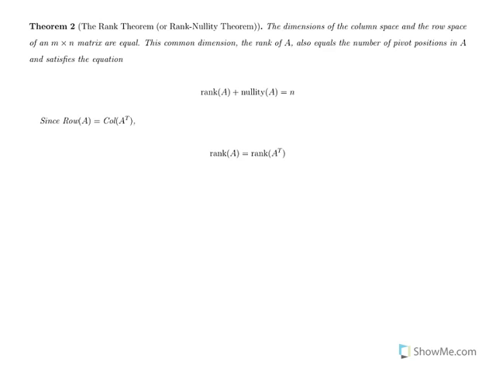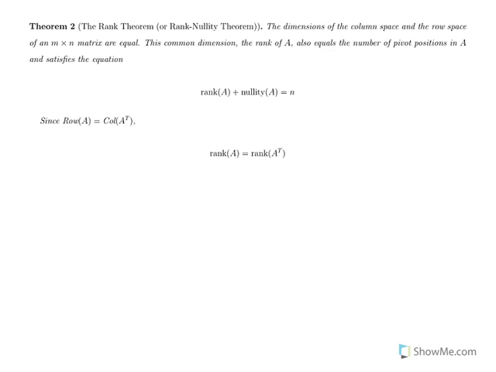And then furthermore, since the row space of A is equal to the column space of A transpose, which we talked about on the first page, that if we just transform all the columns into rows and rows into columns, we can think about A transpose instead. We now know that the rank of A is equal to the rank of A transpose.